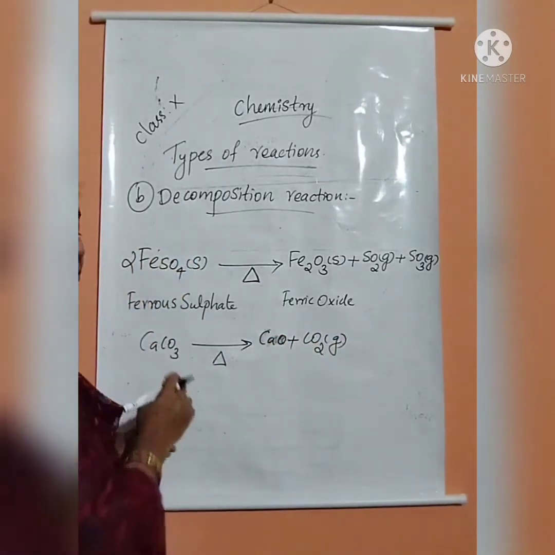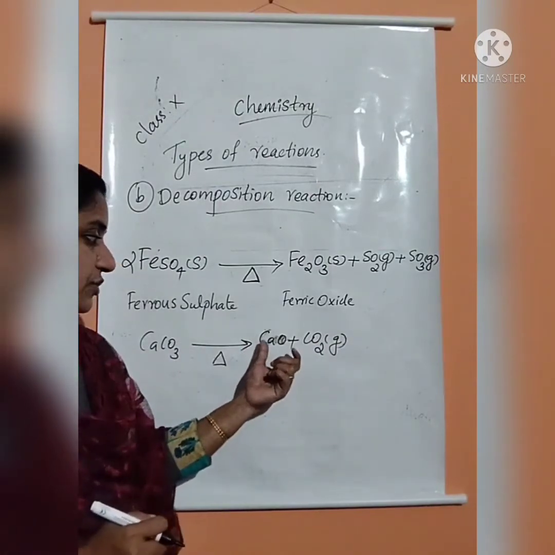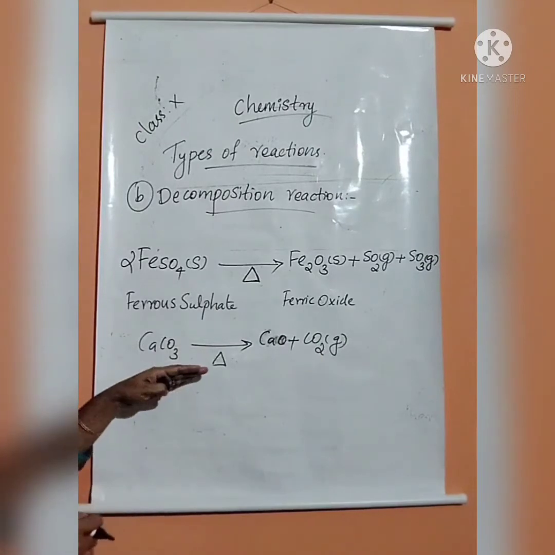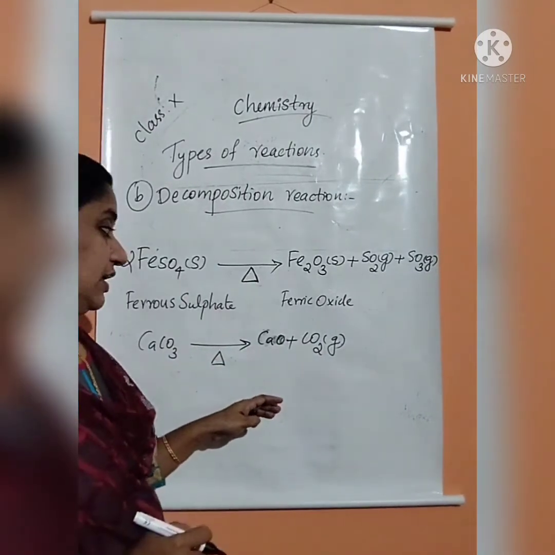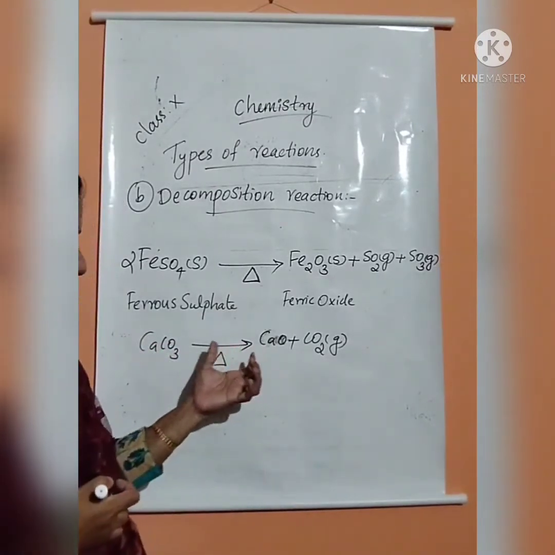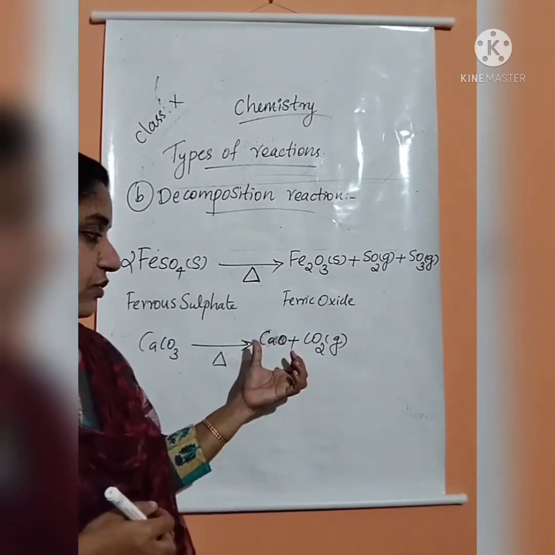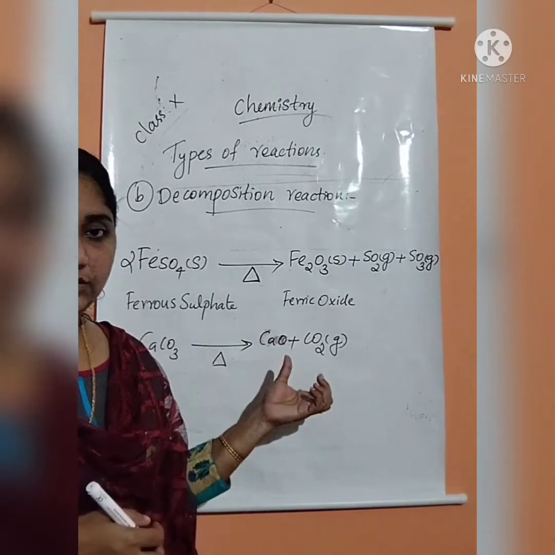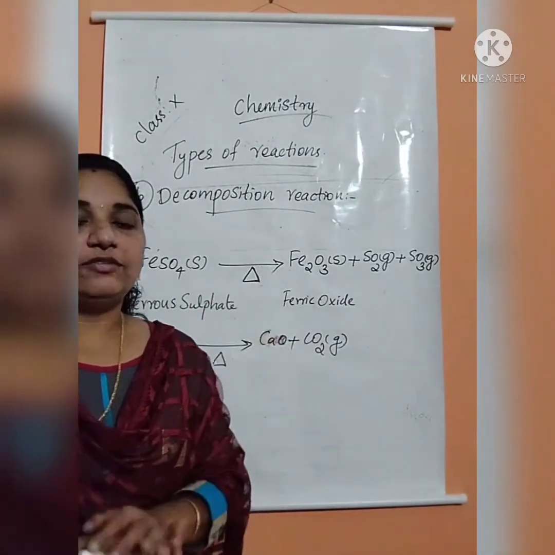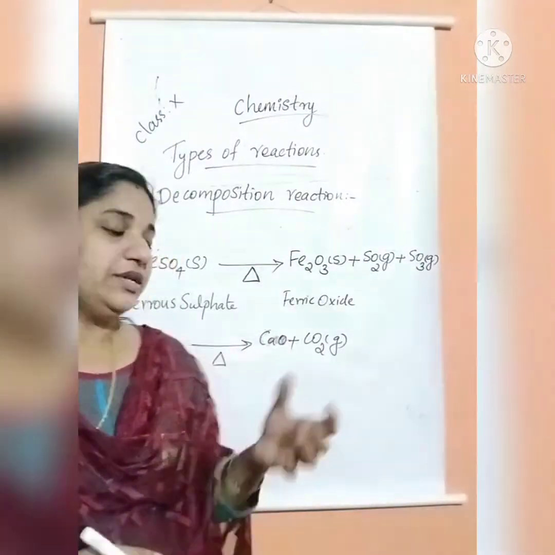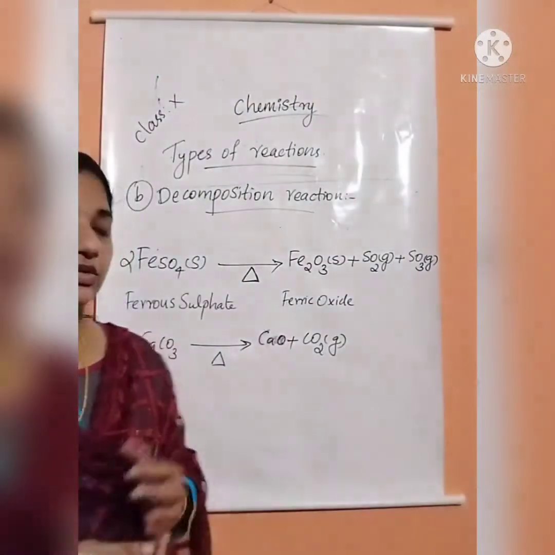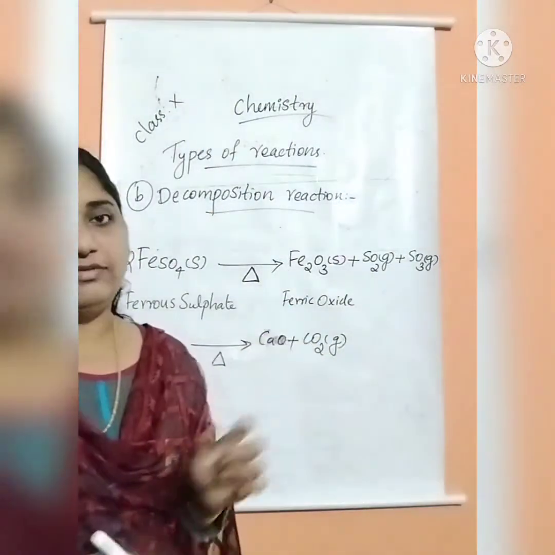This is a very important industrial reaction, used in industries. Calcium oxide has many industrial values. It is used as a reagent in the manufacture of cement. So this equation has an industrial value.